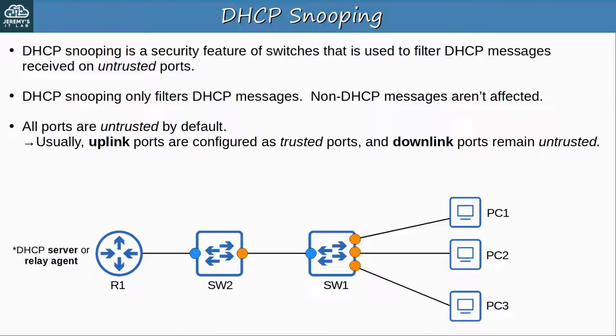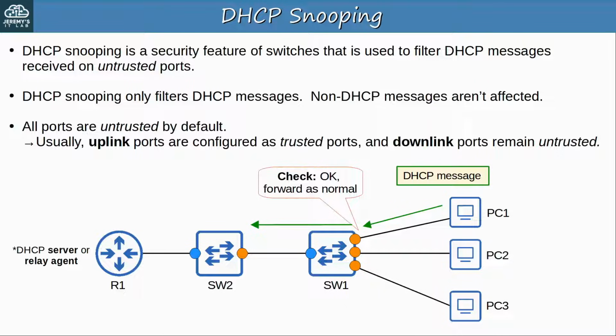Now let's look at an example of DHCP snooping. PC1 sends a DHCP message, for example a discover message. Switch 1 receives the message on an untrusted port, so it inspects the message to see if it's okay. It determines that the message is fine, so it forwards it as normal. Then Switch 2 receives it, again on an untrusted interface.